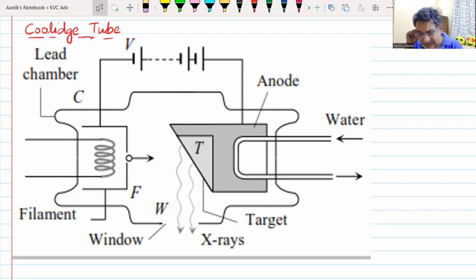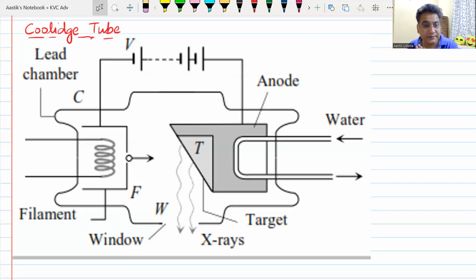Now, looking at the diagram, do you understand anything? Looking at the diagram, how were X-rays produced? I'll give you 5 minutes. Draw the diagram and also make me understand how X-rays are produced.